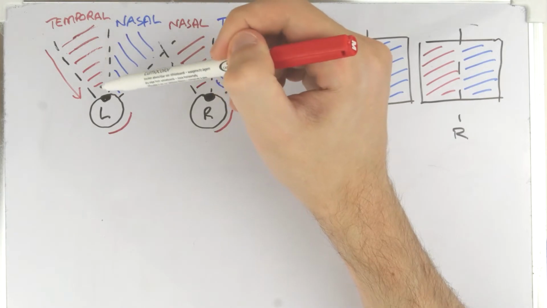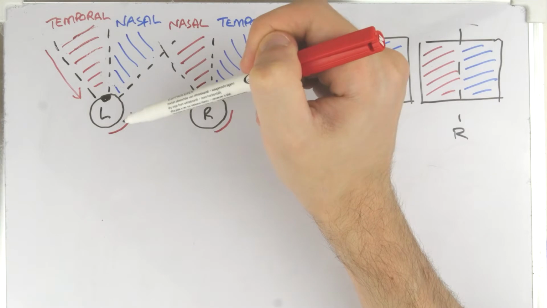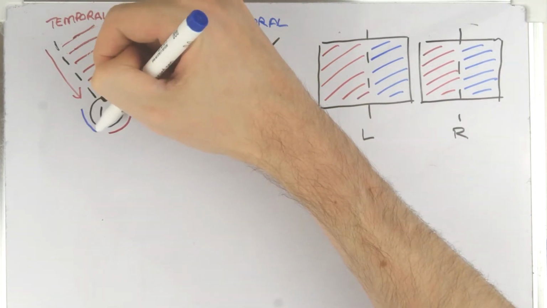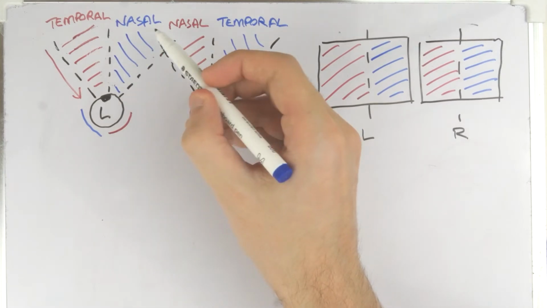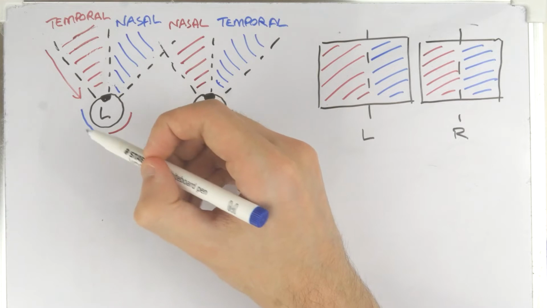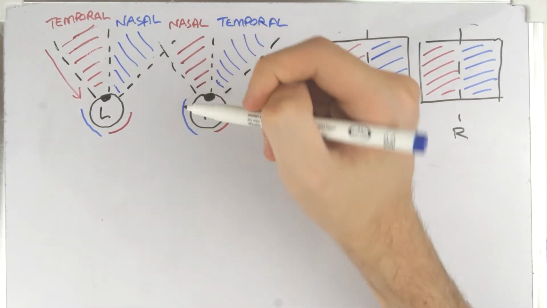So if this is our light beam coming in, it comes through the pupil and will impact the retina on this side. And we'll put the retina for the nasal field here in. So once again, light comes through from the right hand side of the left eye and strikes the retina on the left hand side. And that's exactly the same for the right eye.